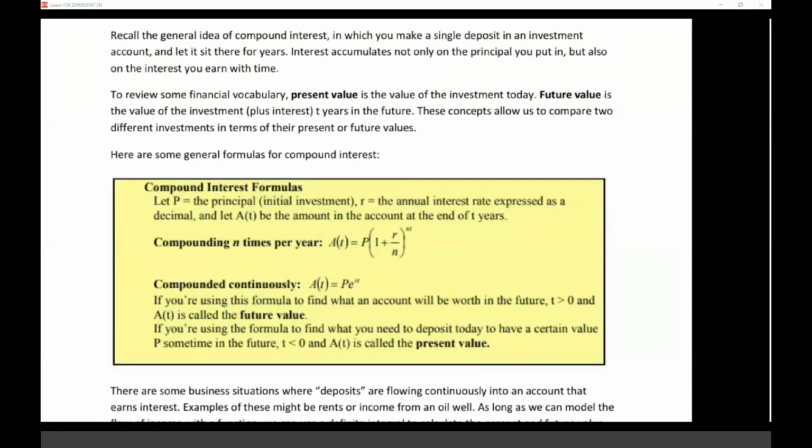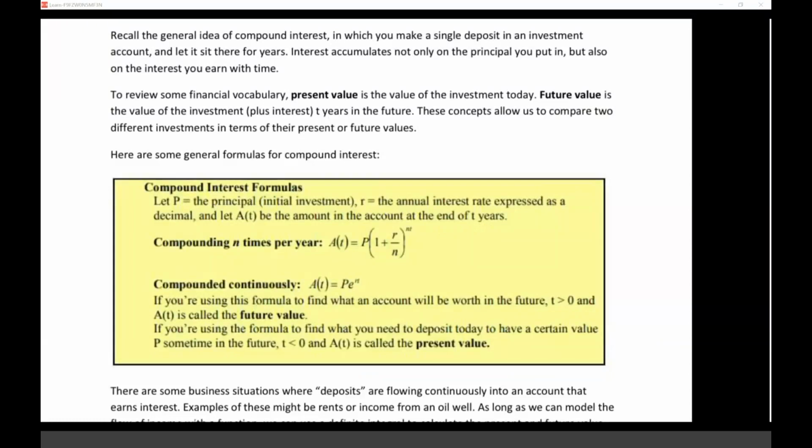So here are some useful formulas that deal with compound interest. Let's talk about some more terminology. We usually use the variable P to represent the principal, which is the initial amount you're investing, your present value. R is your interest rate expressed as a decimal, so 2% would be 0.02.